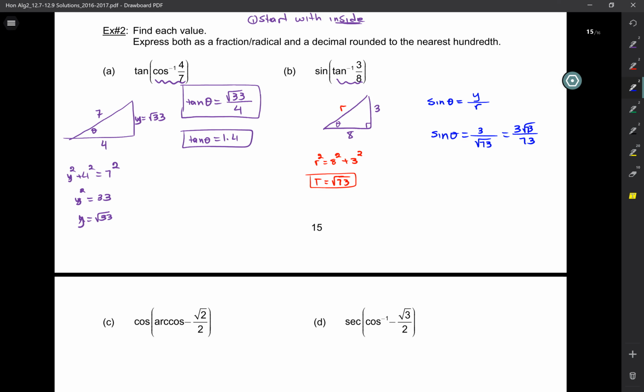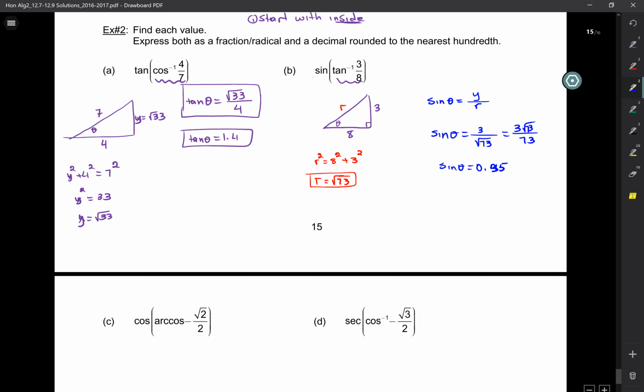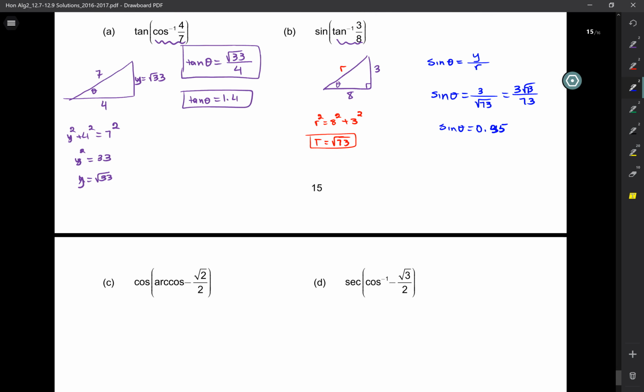Okay, and that's 0.35. It says to the nearest hundredth. 0.35.